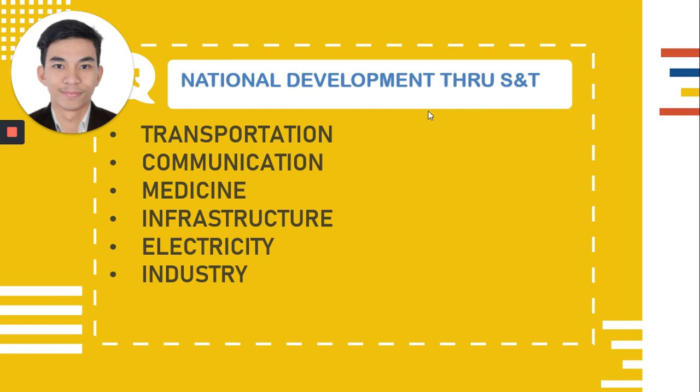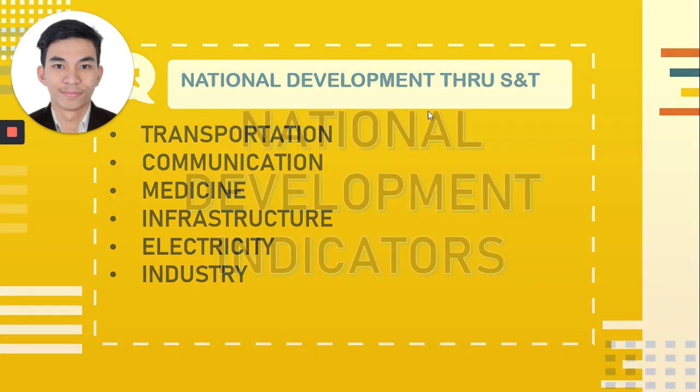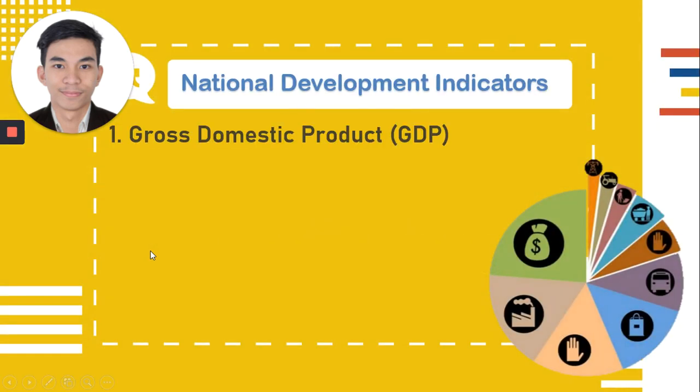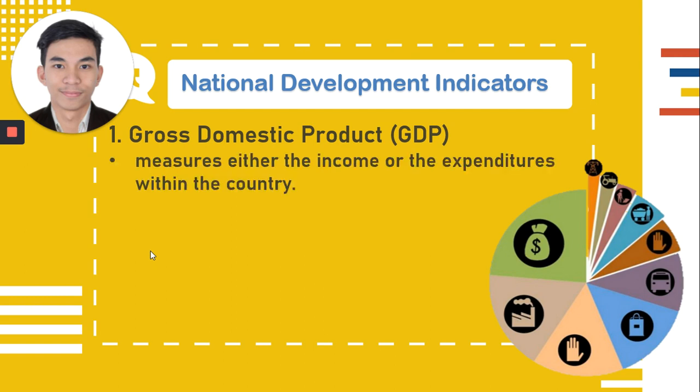In speaking of indicators, we will understand several national development indicators. The following are the indicators that are usually used to measure national development. Number one indicator is GDP, or the gross domestic product. Gross domestic product is the measure of either all the income earned within the country or all the expenditures within the country.